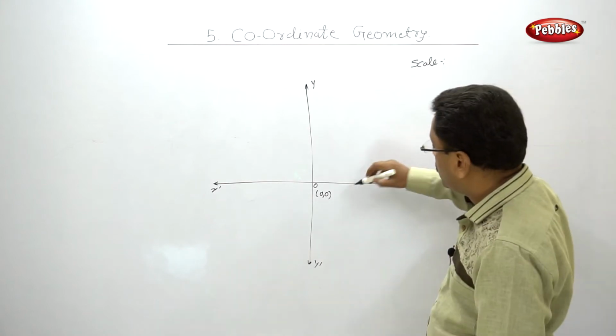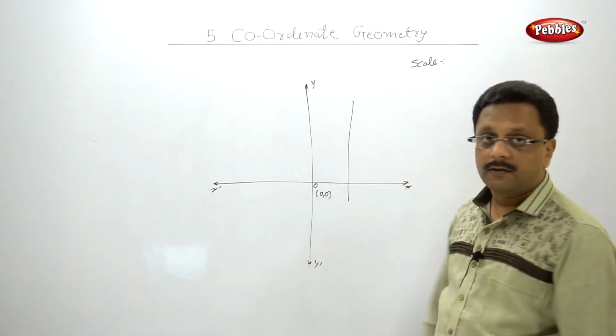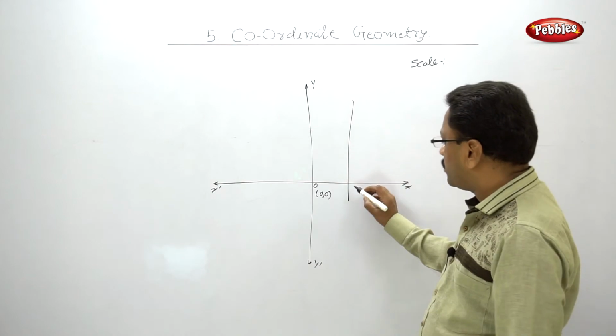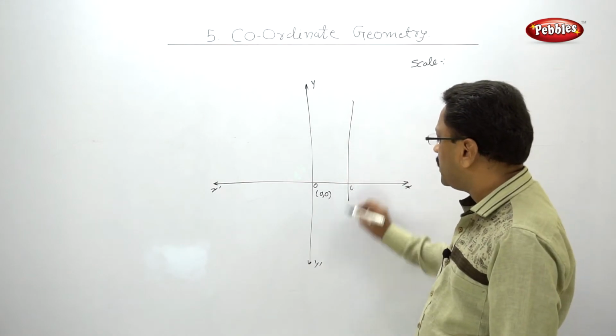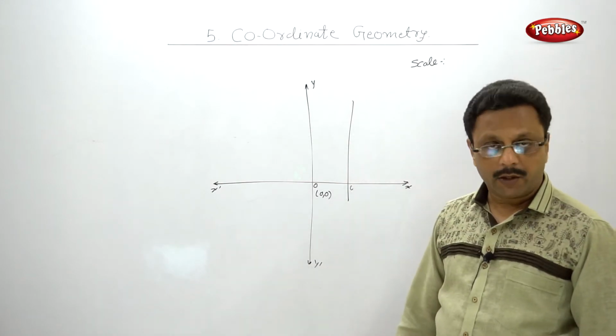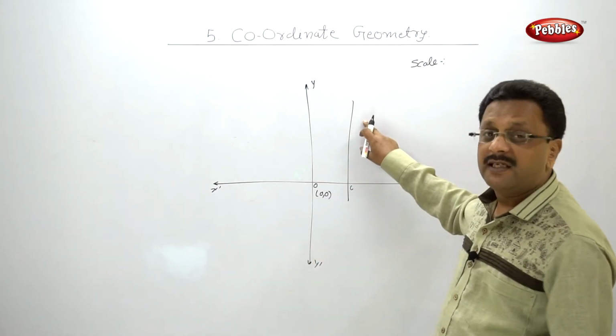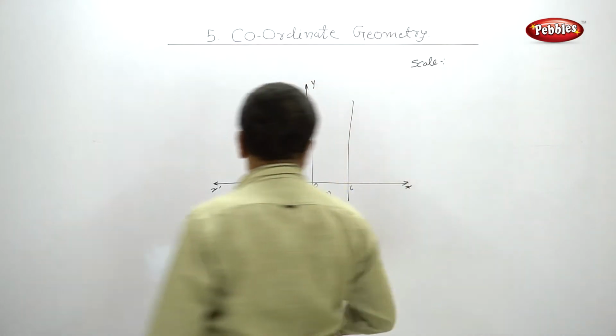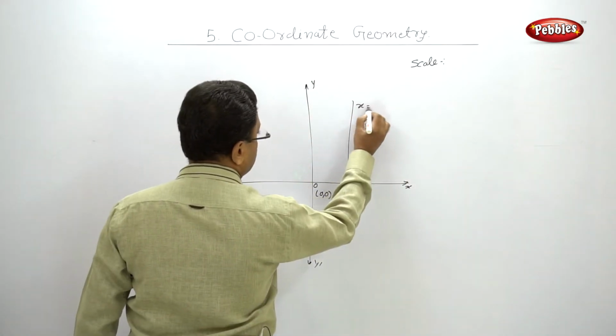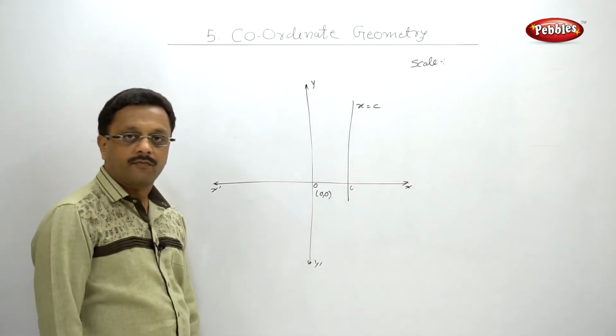We also know that if a line is parallel to the y-axis, passing through some point C, then the equation of the line is x equal to c. Why?